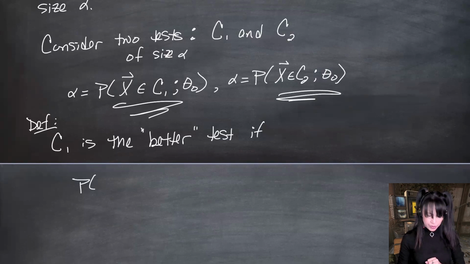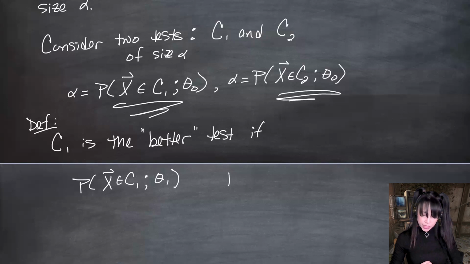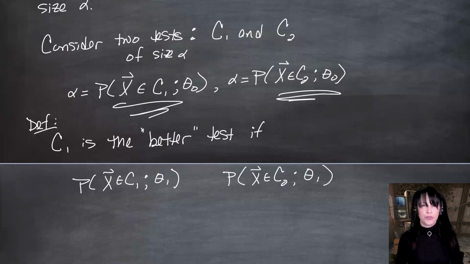So if we look at the probability that X is in C1 when the alternate hypothesis is true versus the probability that X is in C2 when the alternate hypothesis is true, because they're already acting the same when the null hypothesis is true, then what do we want to happen here? I want some kind of inequality.